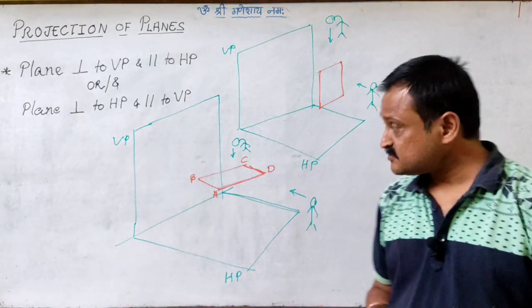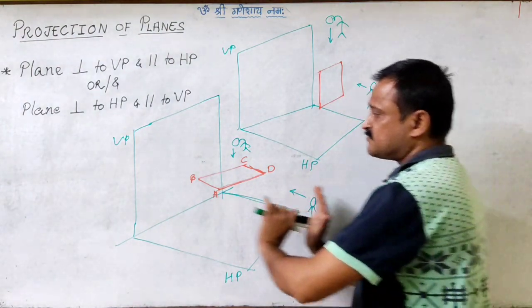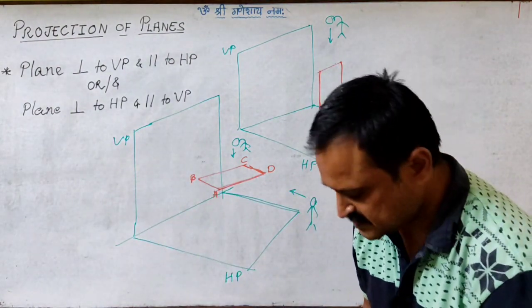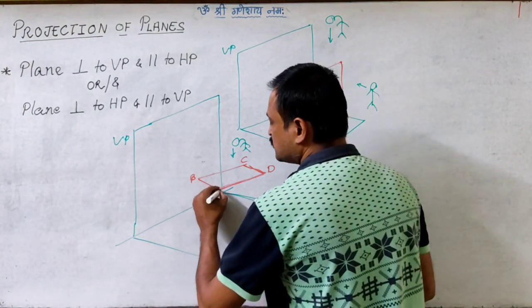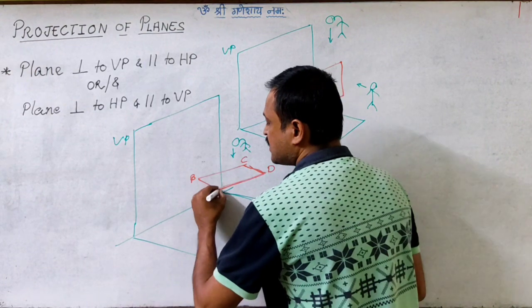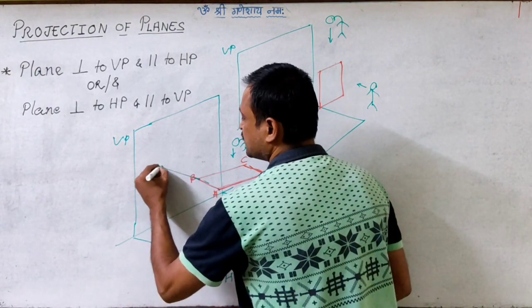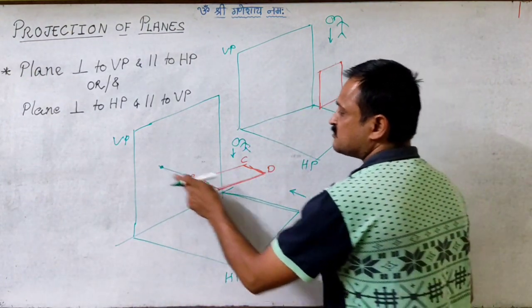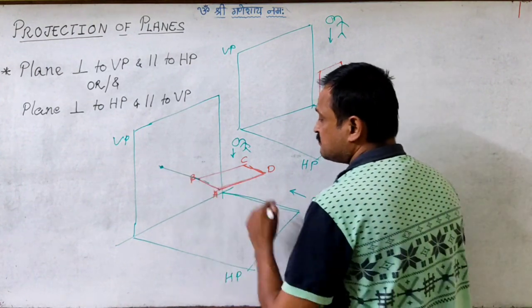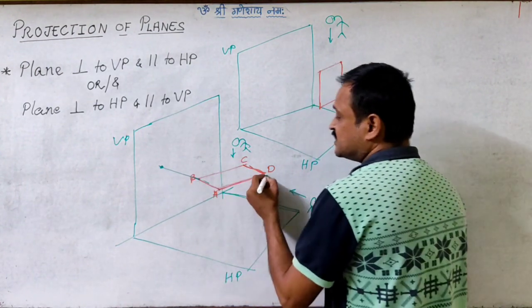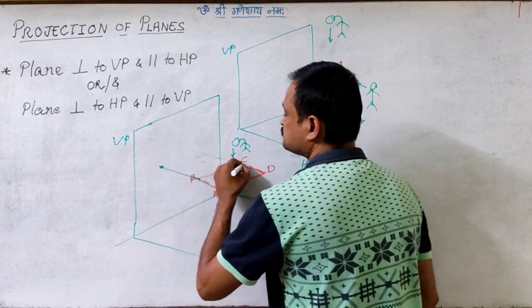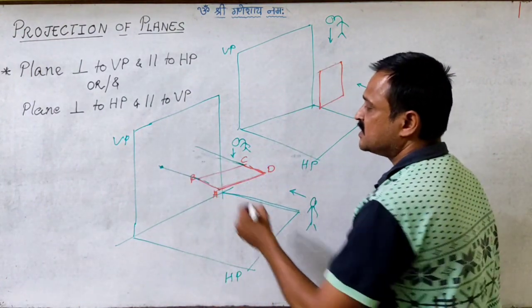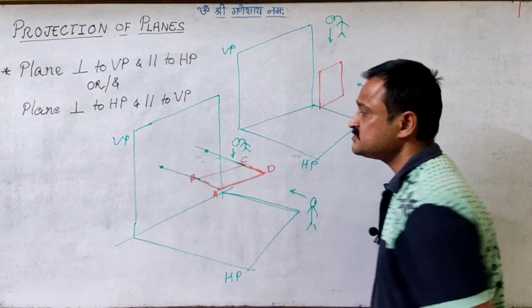When we look at it from the front, I have kept it in the simplest manner, so the projectors of A and B coincide. Somewhere here I am getting the image of A and B. Then the projector of D coincides with C because I have kept it that way. So I get the images here.